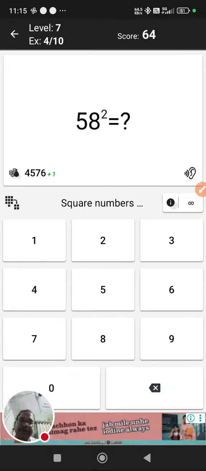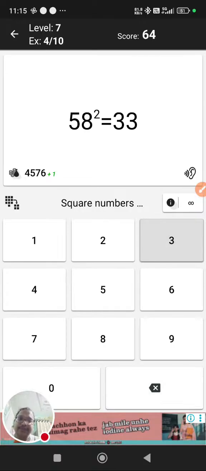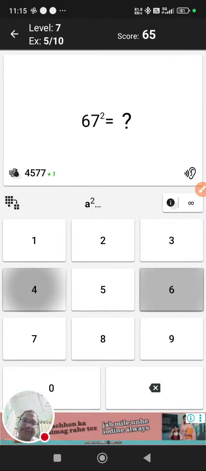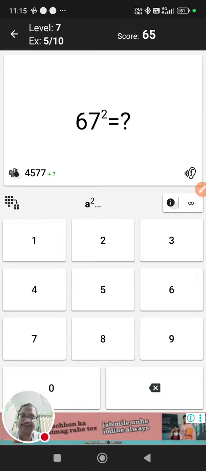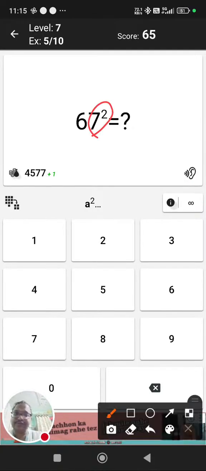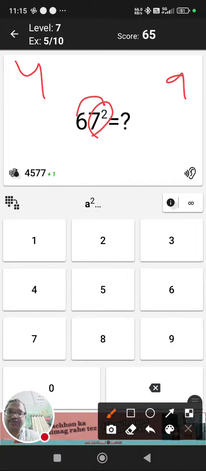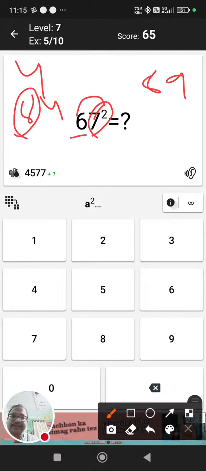This will be 20, 34, 33, and 8 square, which is 64. 67 square. Here we do 7 square first, which will be 49. Next 6 2 times 12, 12 7 times, which will be 84. So 8 here, 8 is carrying 6 square, 36, 36 plus 8, which will be 44. So answer will be 4489.